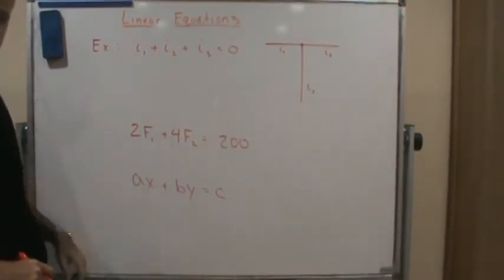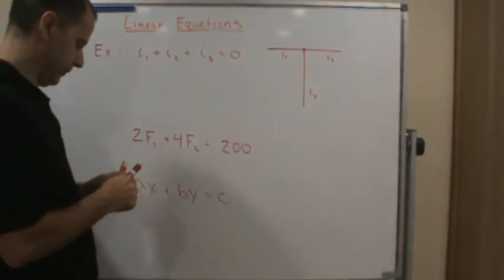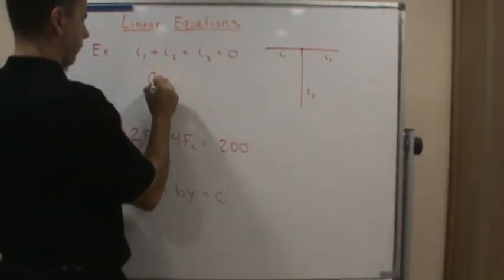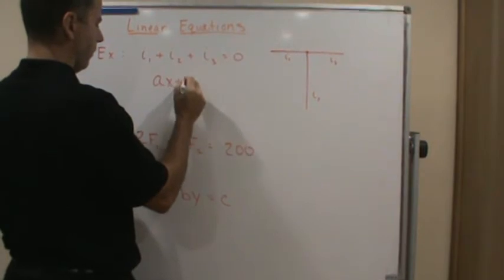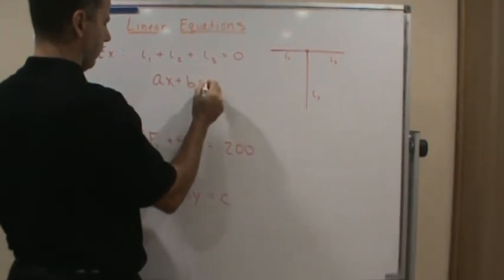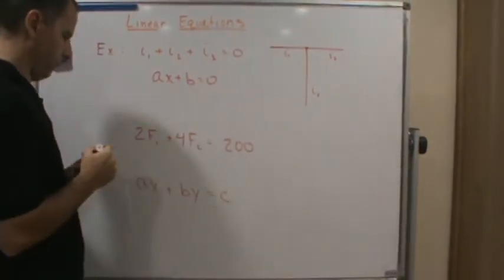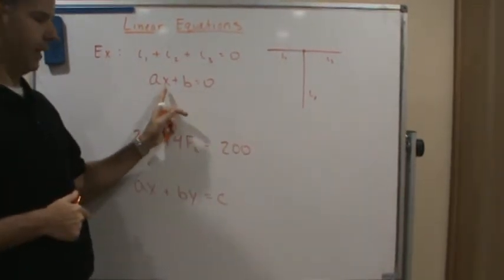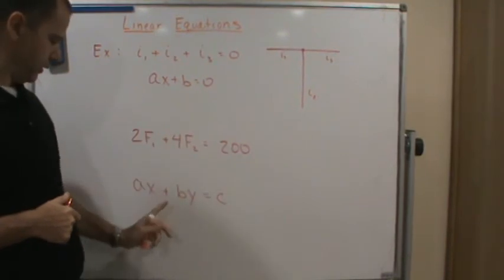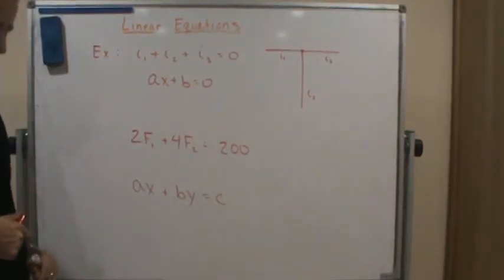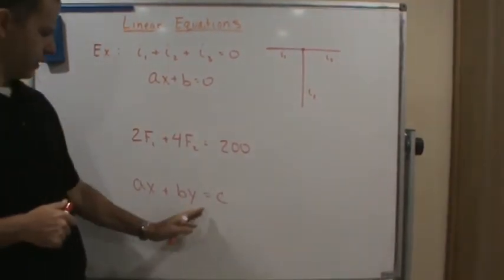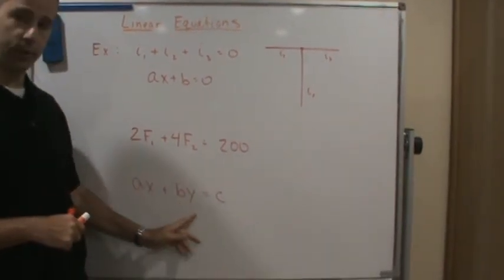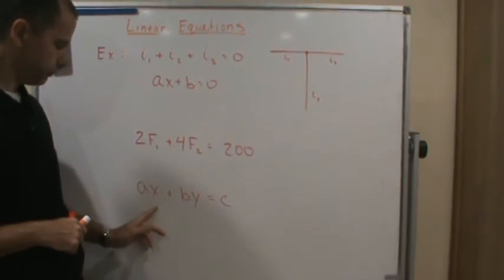Okay, the other one was, right, so if we look at this one, so this is a linear equation in one variable. This is a linear equation in two variables. Okay, so now in this case, since we have two variables, this means that for every x variable, there's going to be a corresponding y variable.